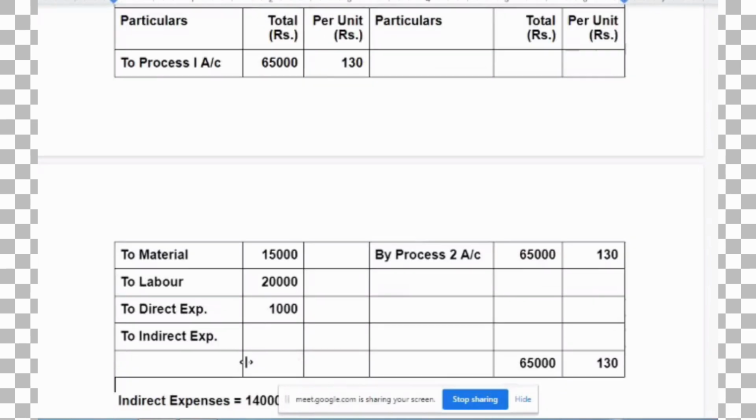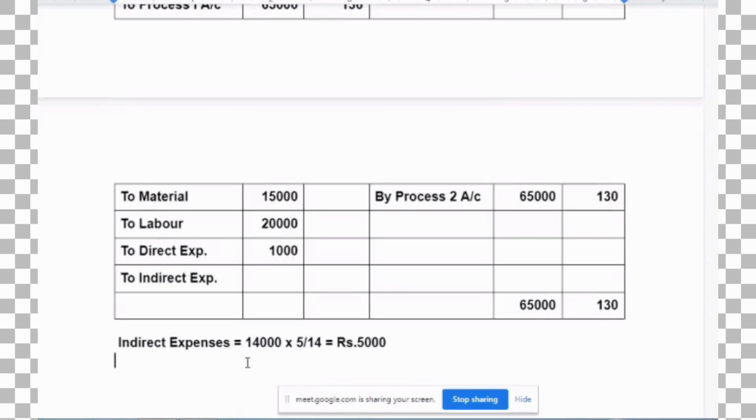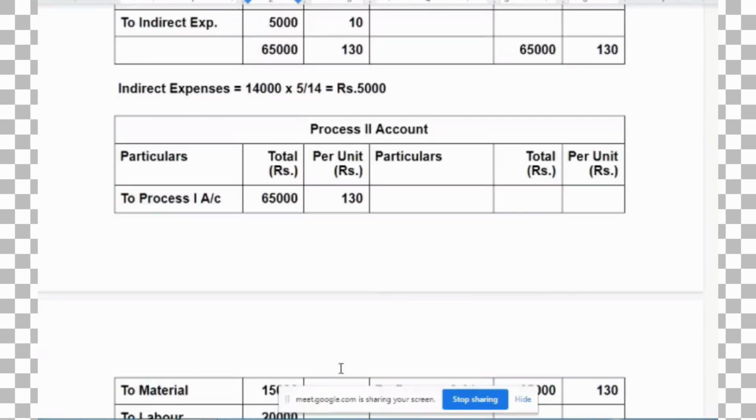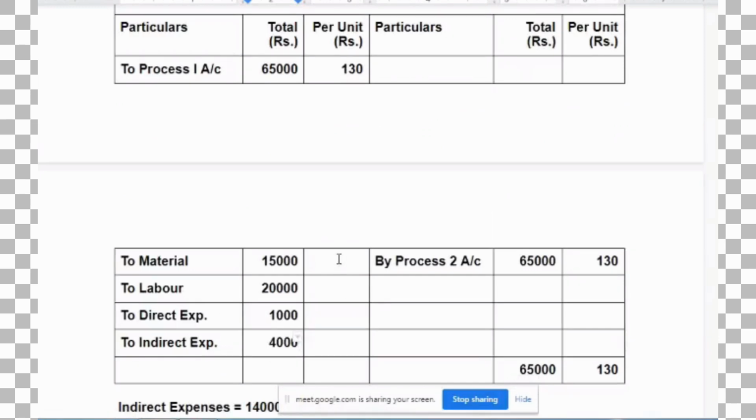And indirect expenses, just like above, 14,000 into 4 divided by 14, in the proportion of direct wages. Direct labor અહીંયા 20,000 છે, તો 4 by 14. So here the amount is 4,000.